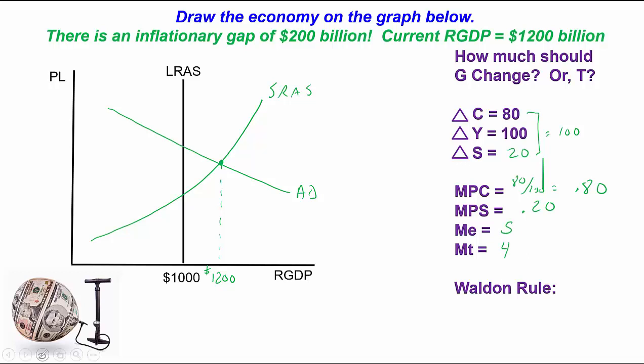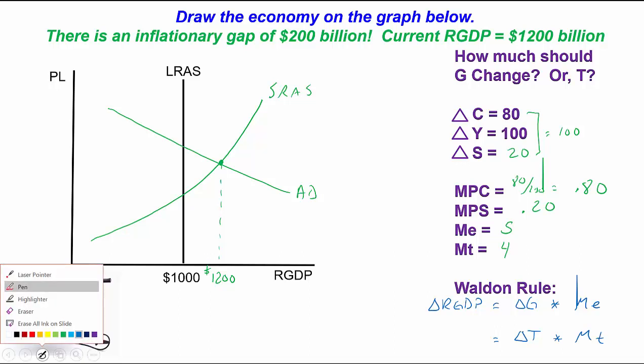So if we want to fix this economy, we're going to apply our little Walden Rule again. Change in real GDP is going to be equal to our change in government spending times our expenditure multiplier, or our change in taxes times our tax multiplier. Let's fill in the numbers. Expenditure multiplier is 5.